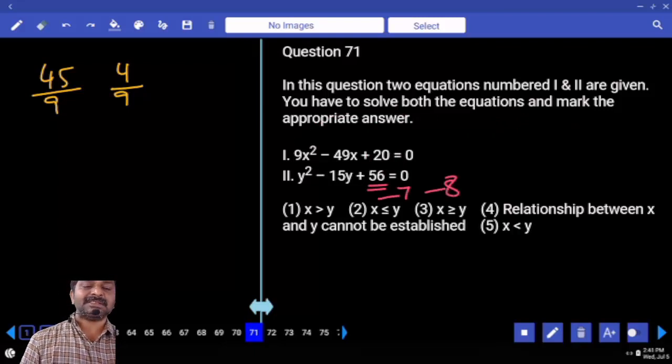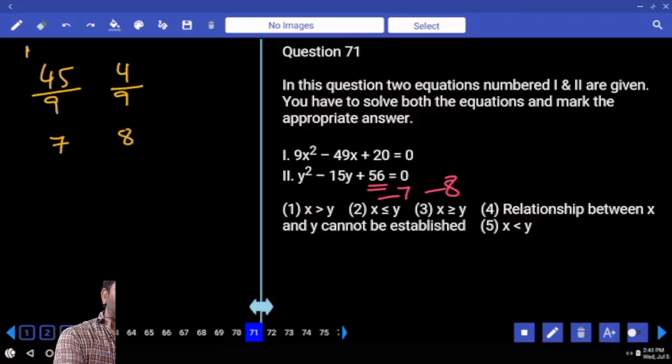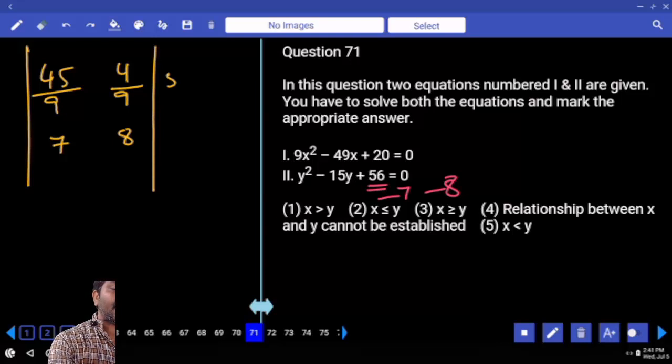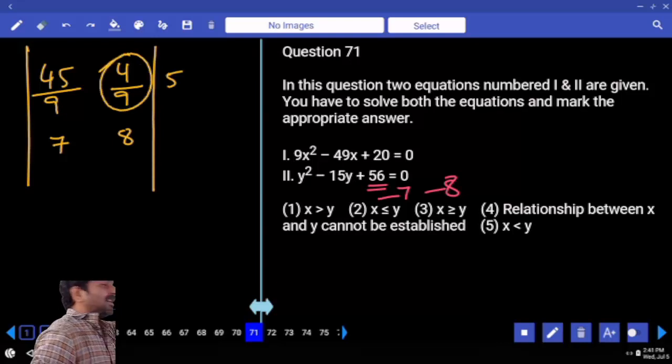Minus 7 minus 8 is a combination. Factors are 7 comma 8. Correct? Now, 45 by 9. 4 by 9 is less than 1, right? And y values are more than 5, more than 1, x less than y.